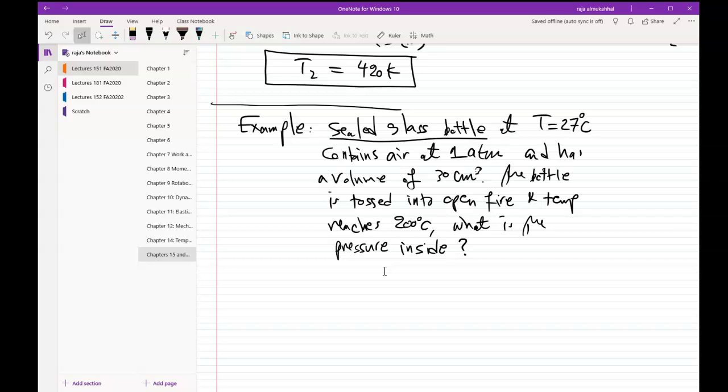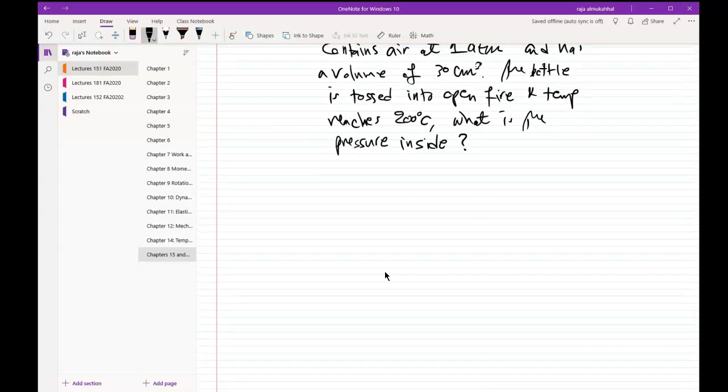So now he's asking, what is the corresponding pressure? Well, we use the same formula that we have just used, which is P1 V1 over T1 equals P2 V2 over T2. The good news here is that the volume in both situations is the same. So that means the V1 and V2 will cancel out each other. You see what I'm saying?